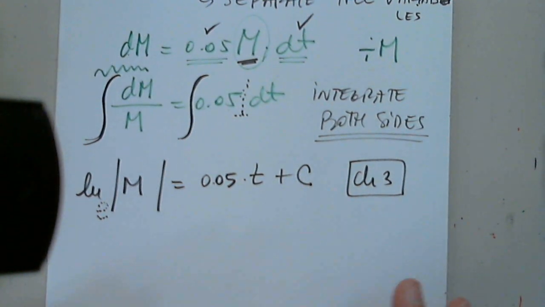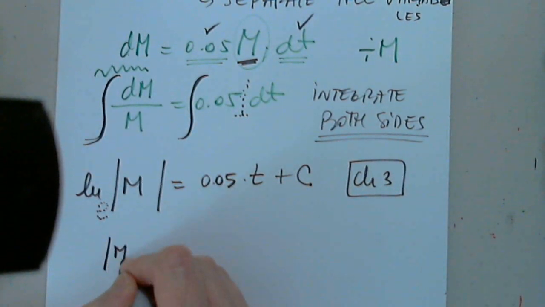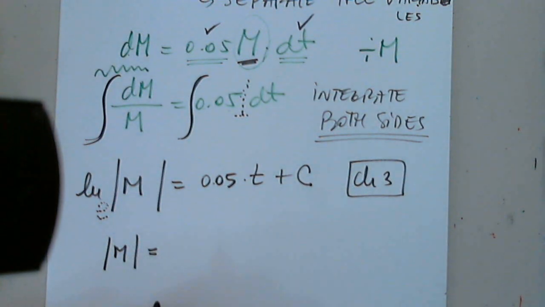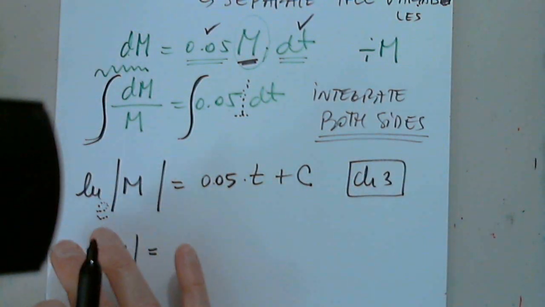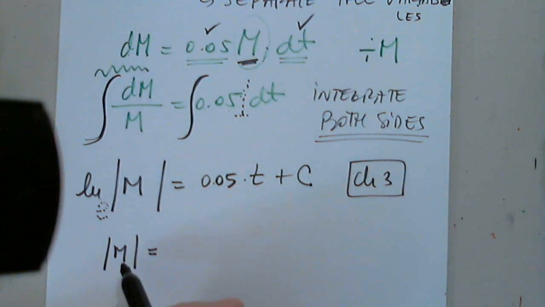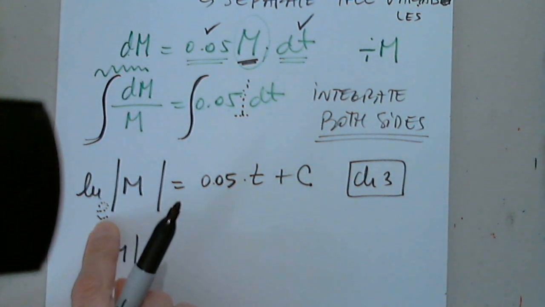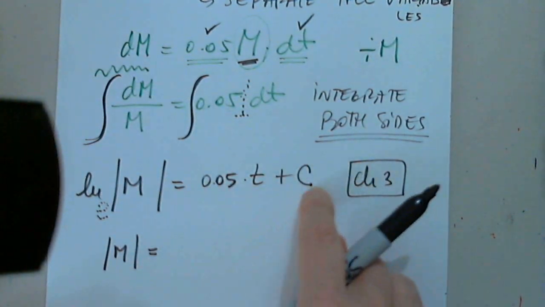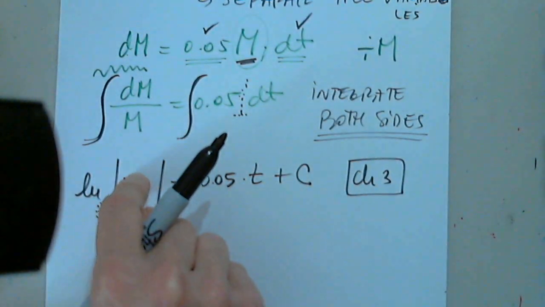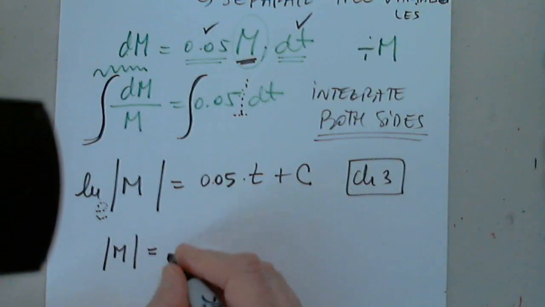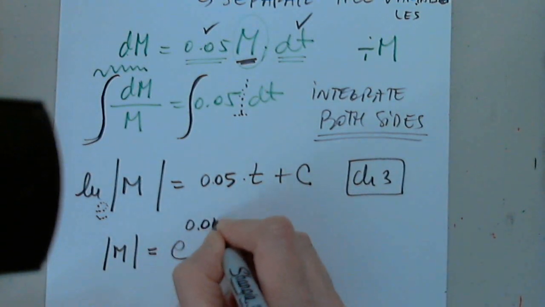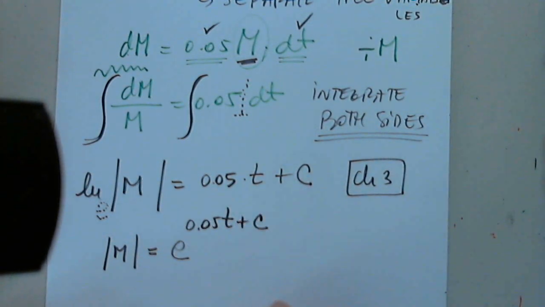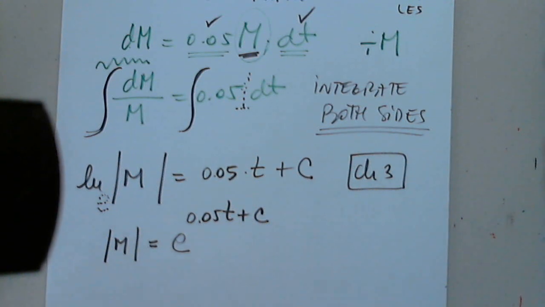So, how do I solve this equation for the absolute value of m? Anyone remembers what happens here? How do I write it? It's going to be e raised to this power equals the absolute value of m. E raised to 0.05t plus a constant c equals the absolute value of m.